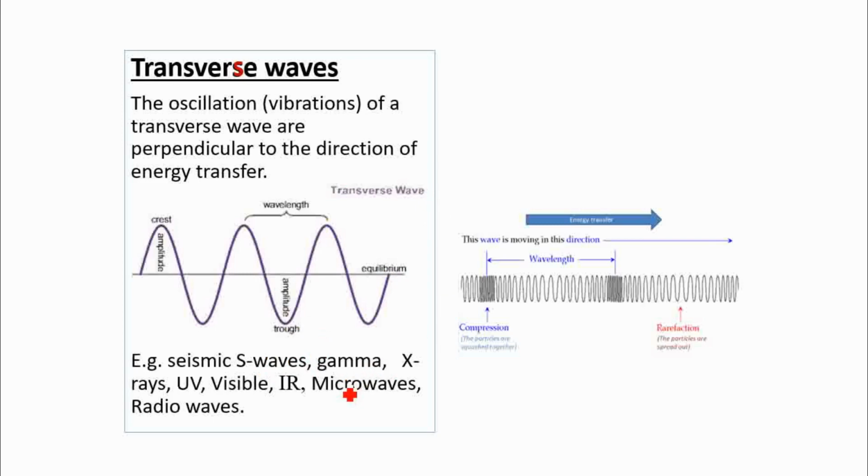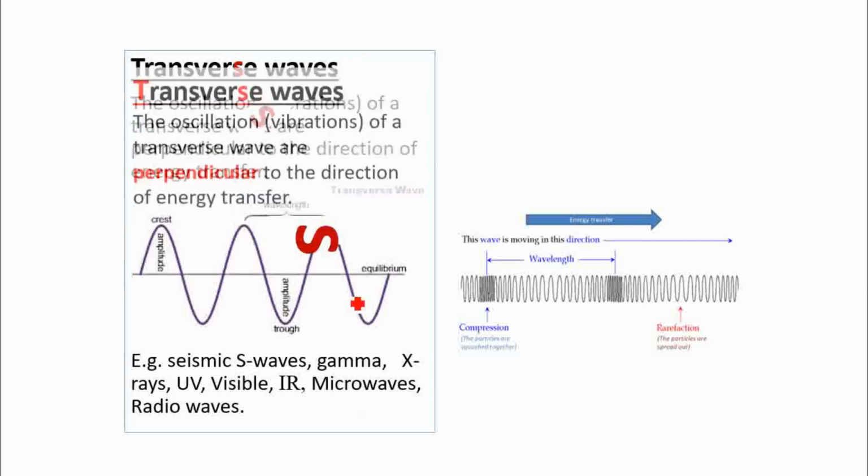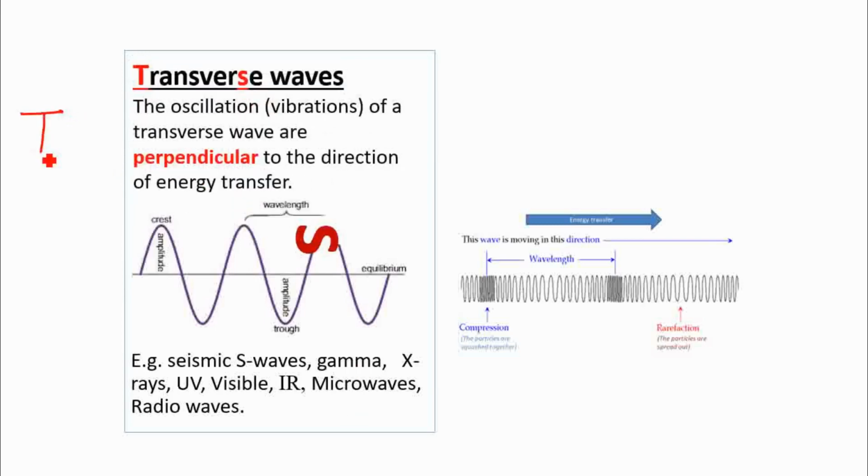Gamma rays, X-rays, UV, so anything to do with electromagnetic waves, are transverse. Light waves are also an example. You can use the letter T to remember that transverse waves are perpendicular.